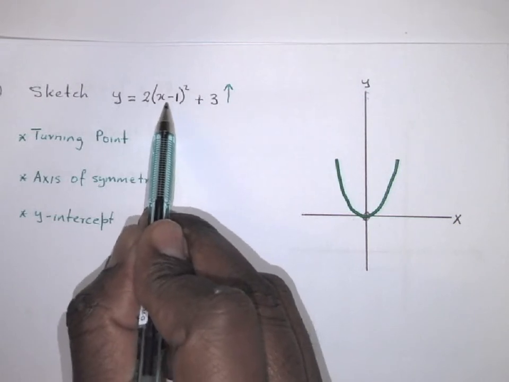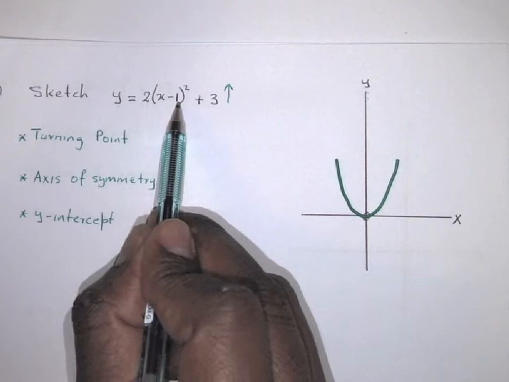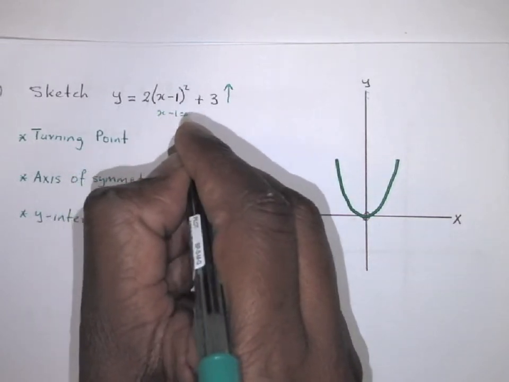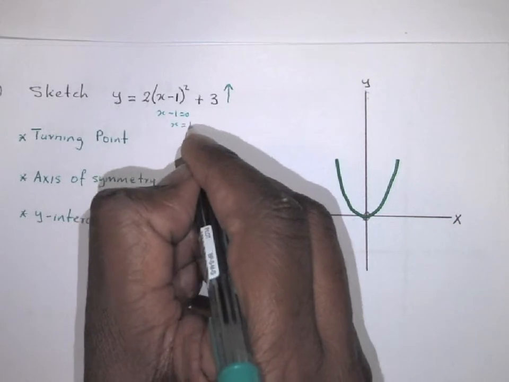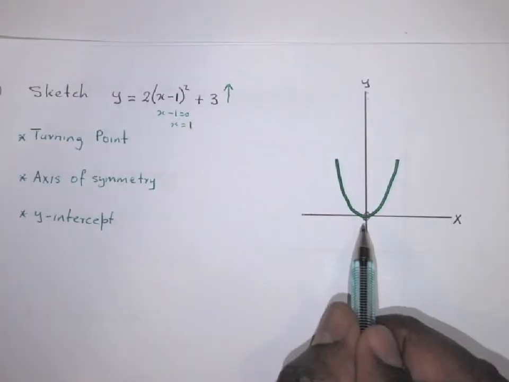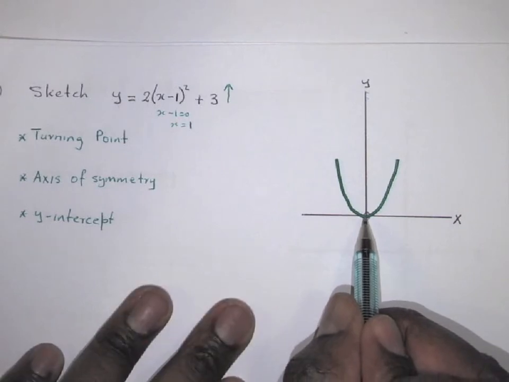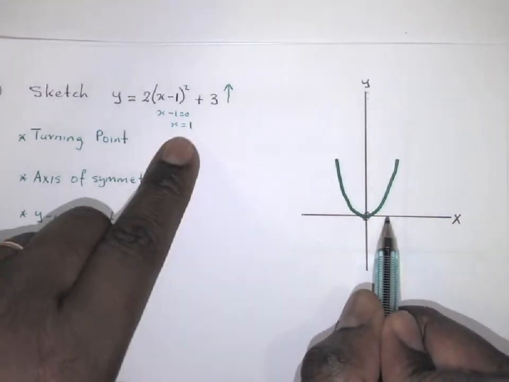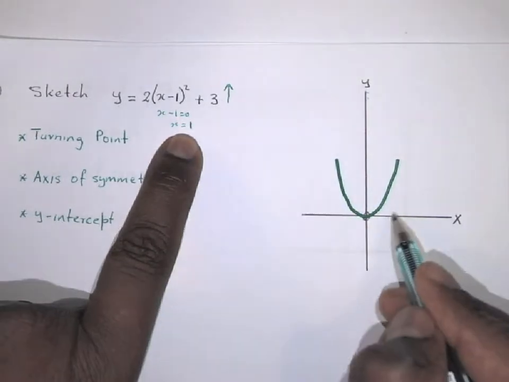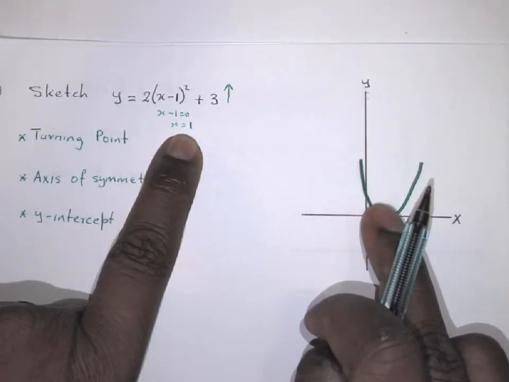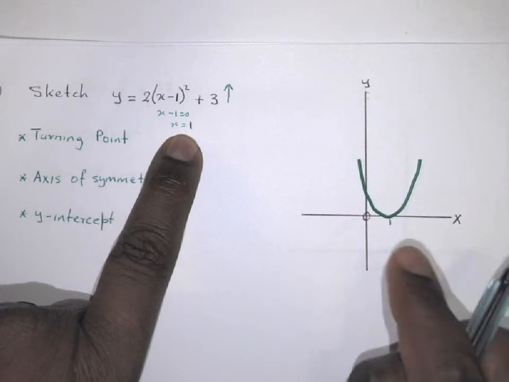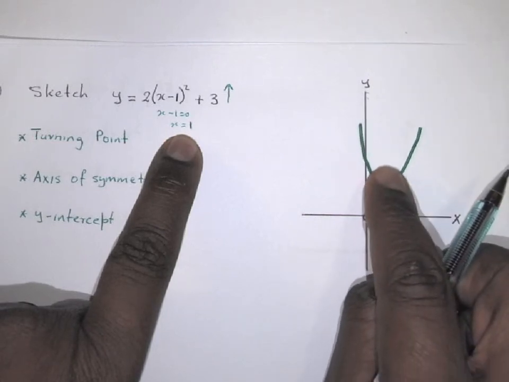If x minus 1, if I solve here, I'll get x minus 1 equals 0, so x is equal to 1. So the turning point here will move 1 unit to the right, and 3 units up. So the graph will move 1 unit to the right, there, and then 3 units up, 1, 2, 3.